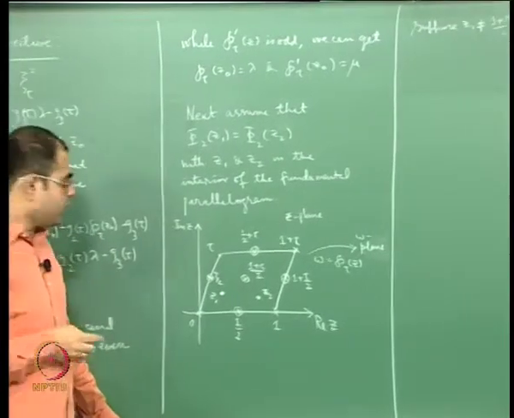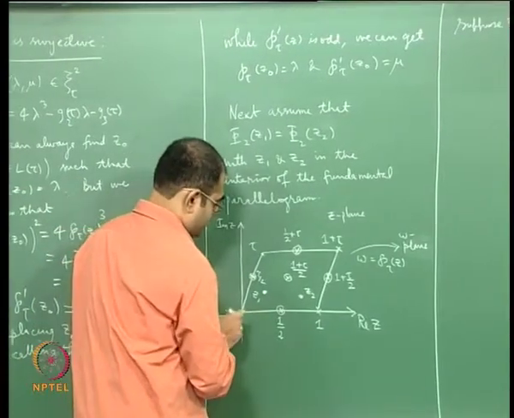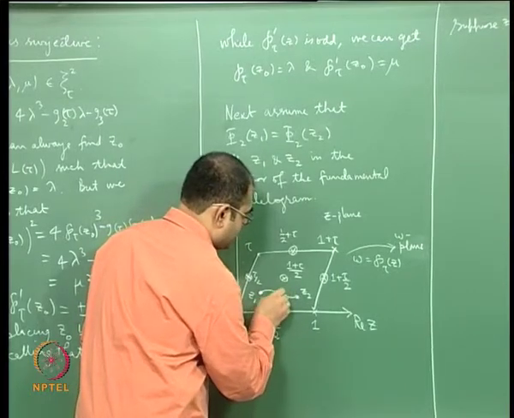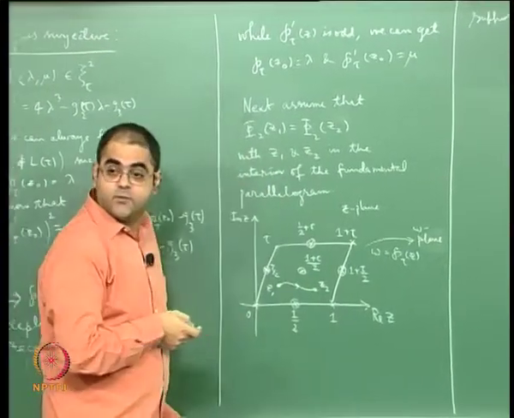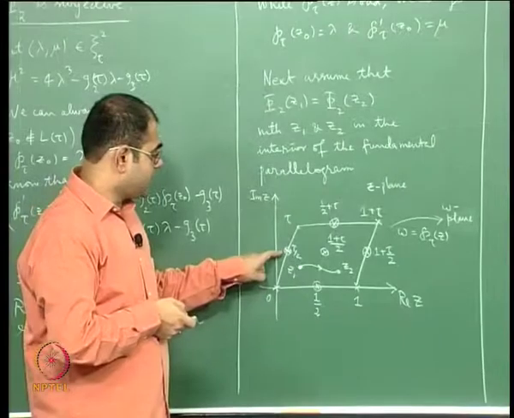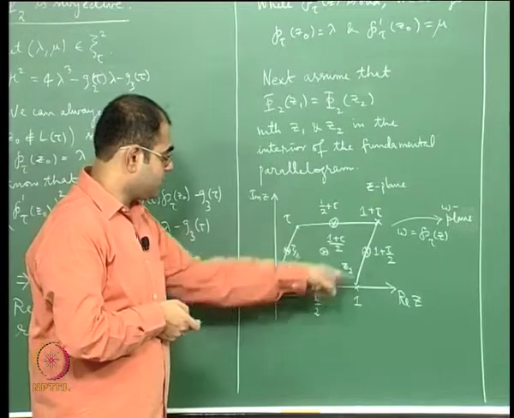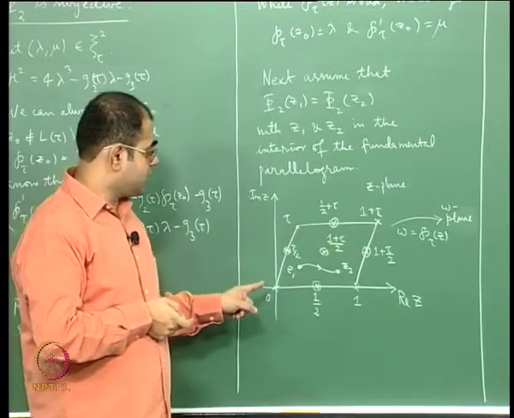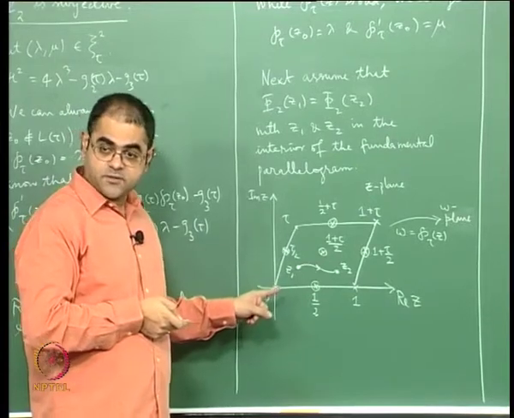And what you can do is draw a path from Z1 to Z2 that avoids any of these marked points, namely the poles of phi and phi prime and the zeros of phi prime.